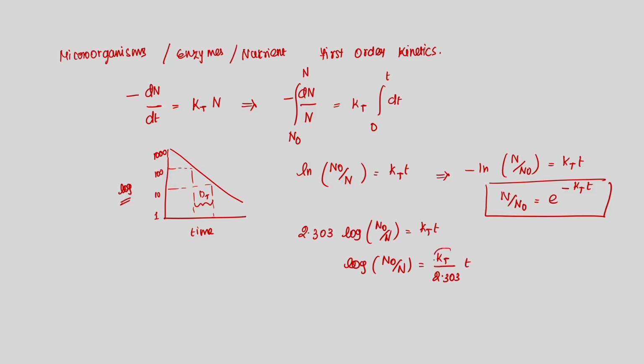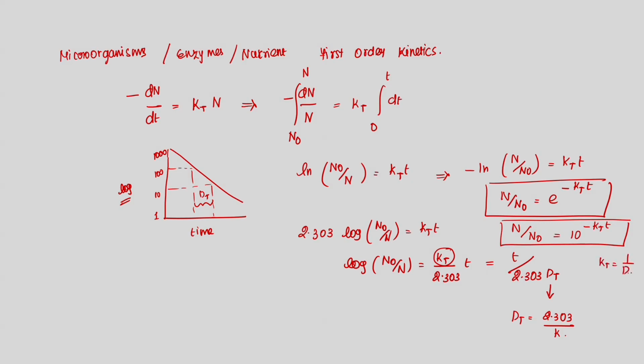So, this k can be related to D as 1 upon D, and D can be written as 2.303 upon k. If you want to represent it in terms of log N naught upon N, the same relationship goes like this. So, log N upon N naught, on the log 10 scale, is kT into t. So, the k and D relation is kT is nothing but 1 upon D.